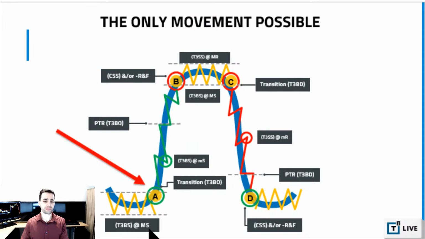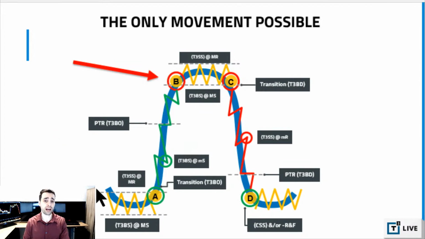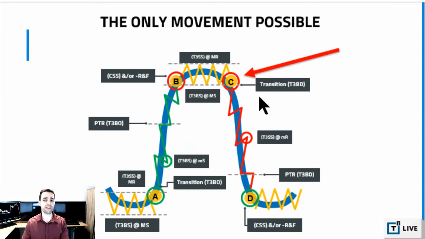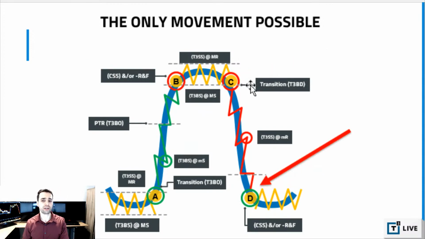strategies for entering earnings: strategies for transition A, which is we enter right when the stock is transitioning higher. Transition B, when the stock is going a little climactic, we want to short it into earnings. Transition C, when the stock is breaking down a little bit, and then transition D, when the stock is going climactic to the downside, in which case you'd want to play it long.